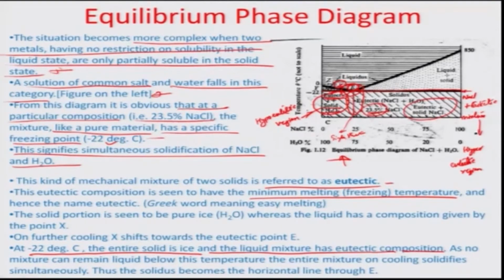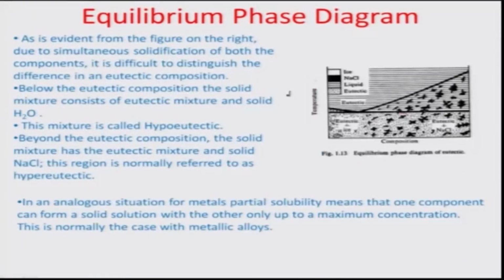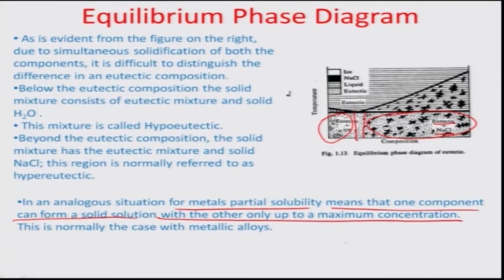That is how you can understand it: you have an excess of salt plus eutectic mixture, the eutectic mixture being an indistinguishable single phase, and on the other side ice plus eutectic mixture, in such partially soluble solid-phase systems. In an analogous situation for metals, partial solubility means that one component can form a solid solution with the other only up to a maximum concentration, beyond which it cannot hold.